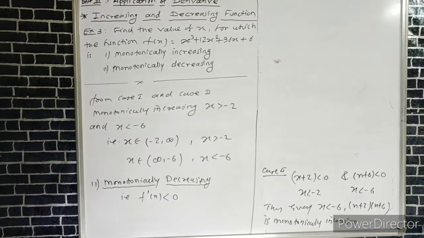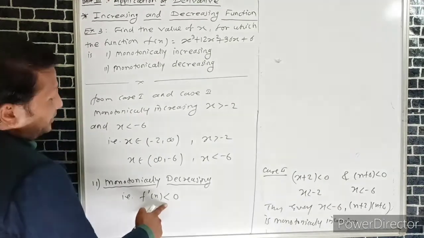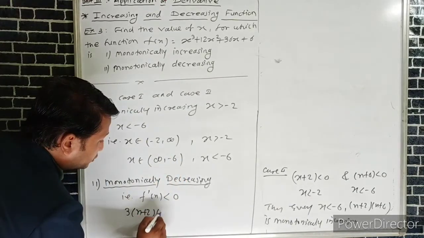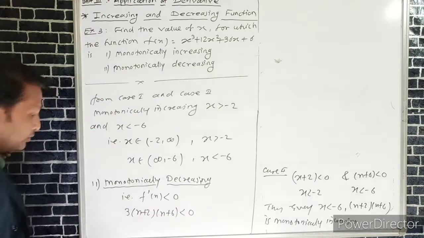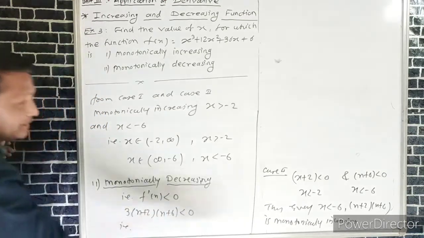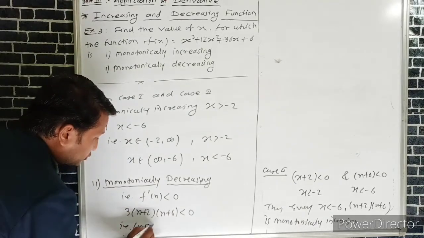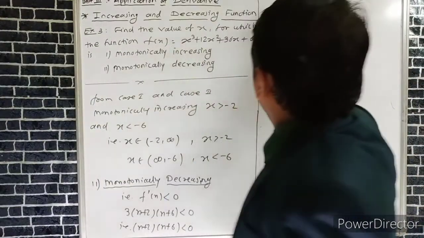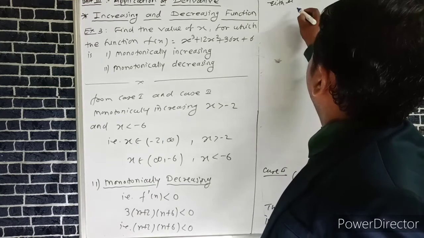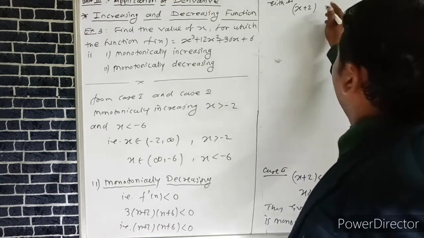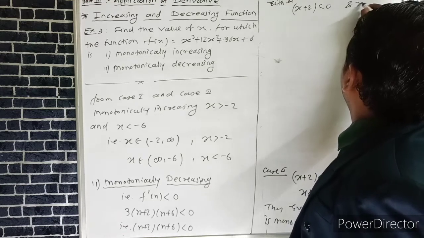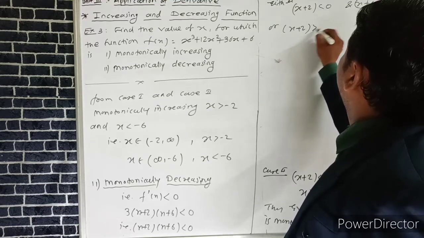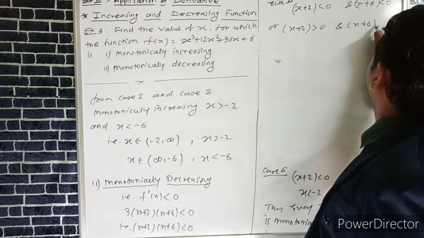Here f dash of x, which is 3 into x plus 2 into x plus 6, is less than 0. That is, x plus 2 times x plus 6 is less than 0. Then either x plus 2 less than 0 and x plus 6 greater than 0, or x plus 2 greater than 0 and x plus 6 less than 0.